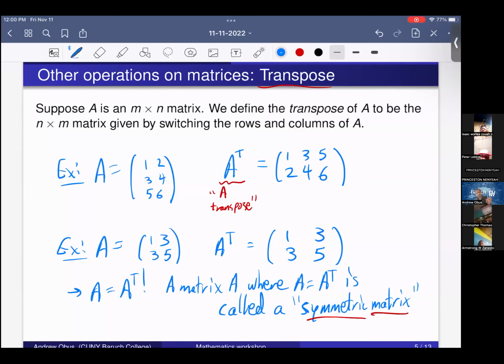Symmetric matrices are used a lot in multivariable statistics. I don't know if we'll really get into that much, but it's good to at least see right now. Usually when you take the transpose you get a different matrix. But if you happen to get the same matrix, like 1, 3, 3, 5, then that is called a symmetric matrix.